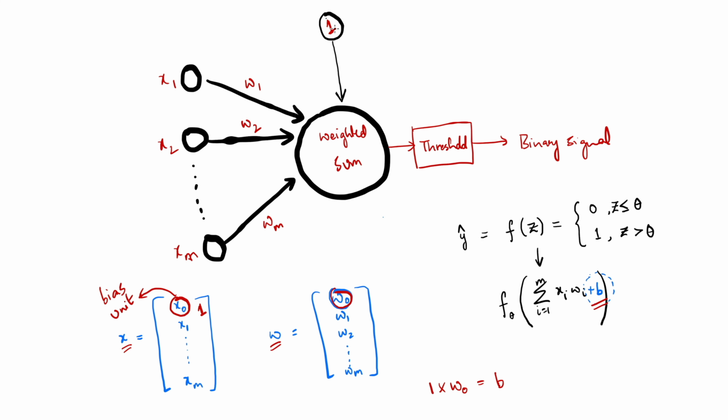This would always be constant 1, but it would have a weightage W0. We are expressing the bias term in the same way we are expressing weighted inputs.